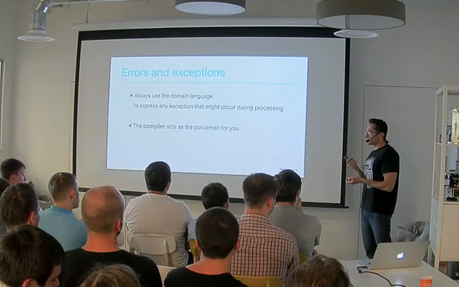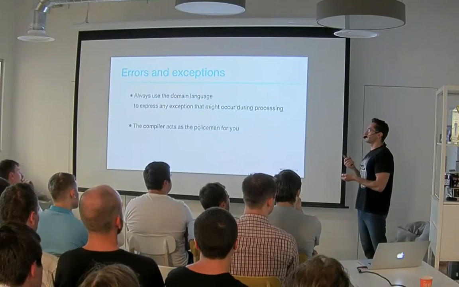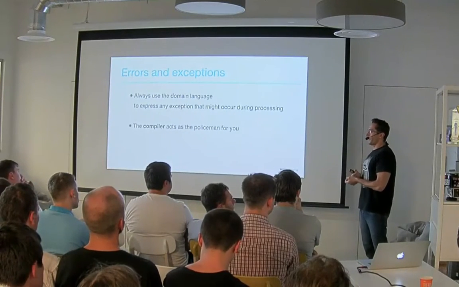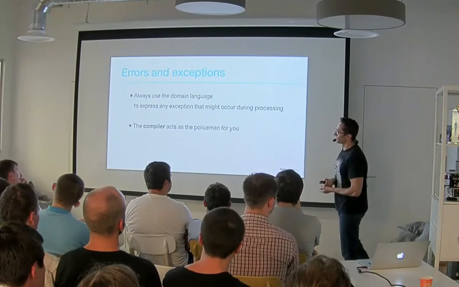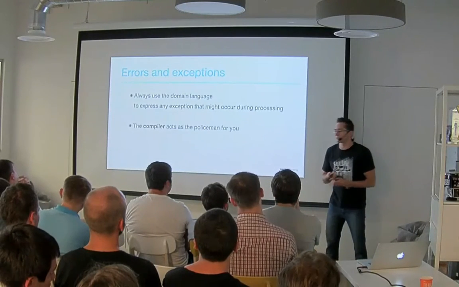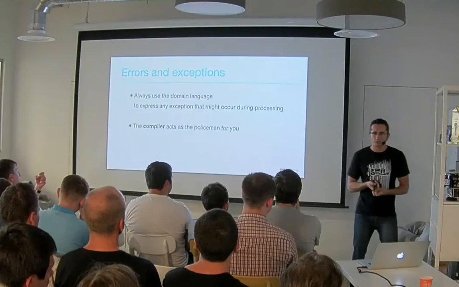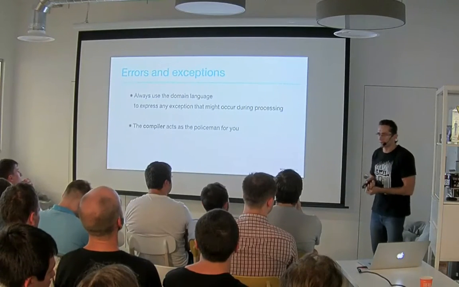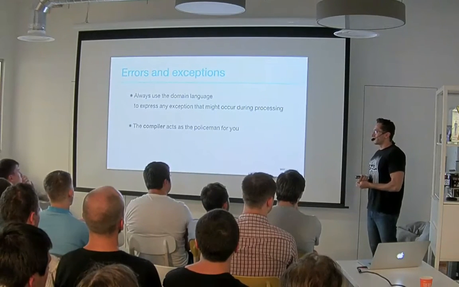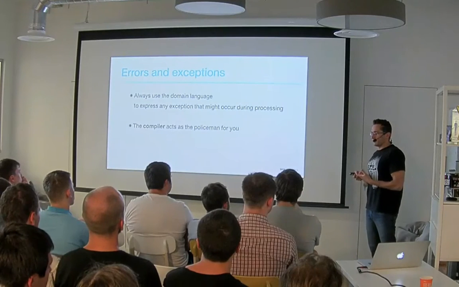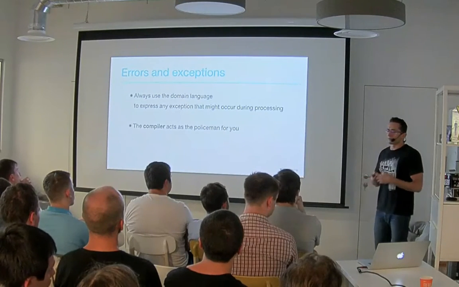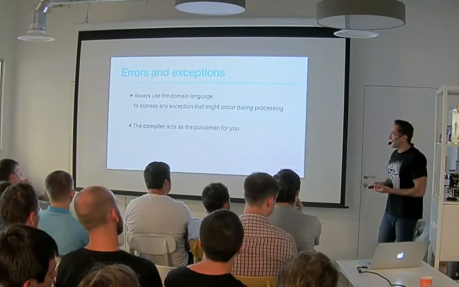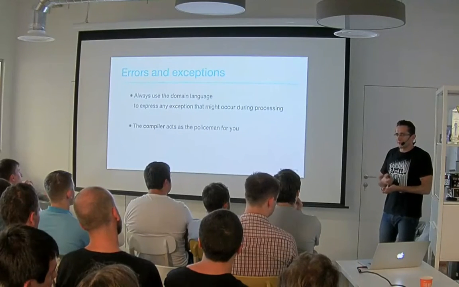And another important fact is that the compiler acts as the policeman for you. The reason I chose to write it with TypeScript and not vanilla JavaScript is because a lot of the logic we mapped and represented through our code and through the abstractions is enforced by the compiler.